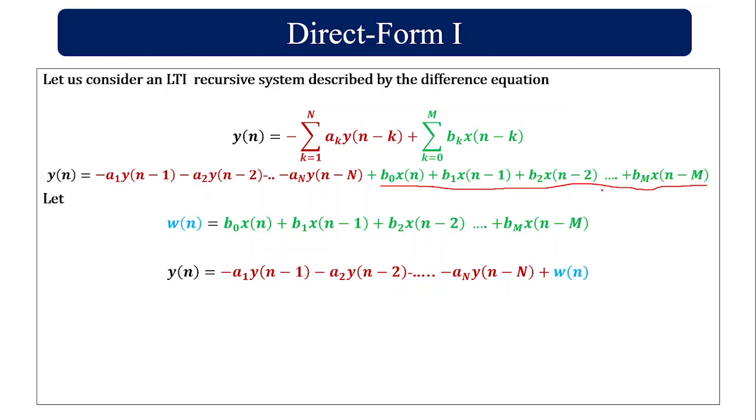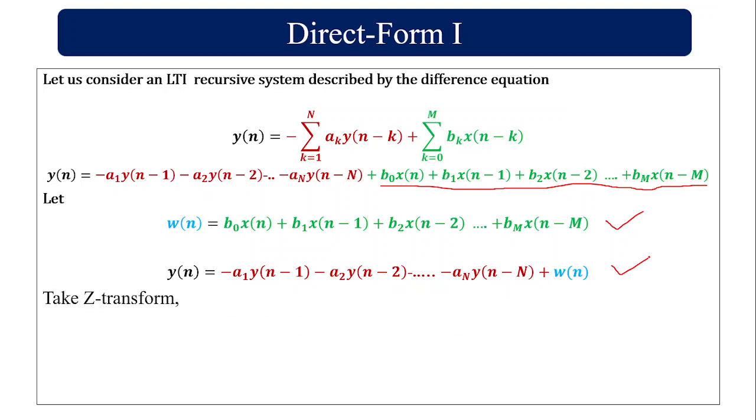The input and delayed versions of input are replaced by w of n. So now I have two equations, w of n is equal to something and, as equation number 2, y of n is equal to something. Find the z transformation of these two equations and then draw the structure. We will be getting your direct form 1.